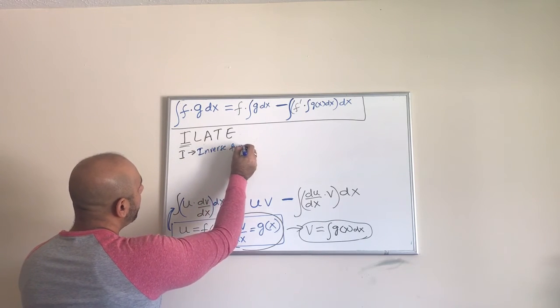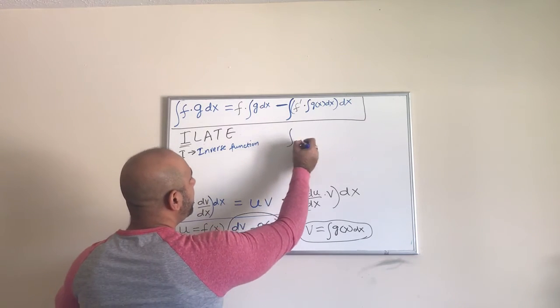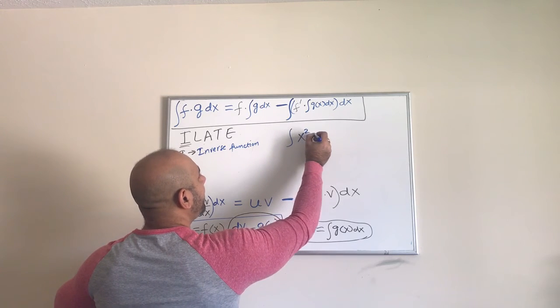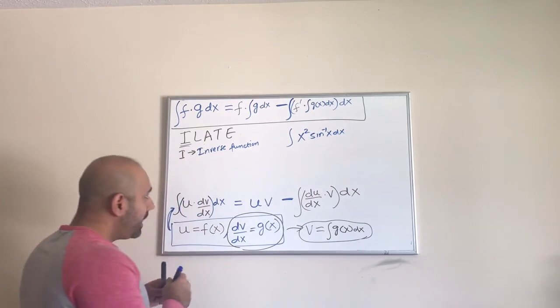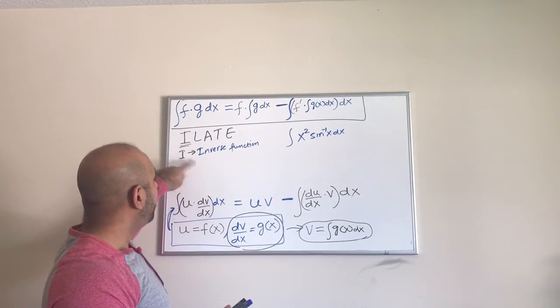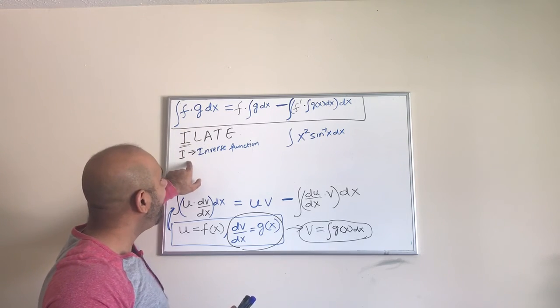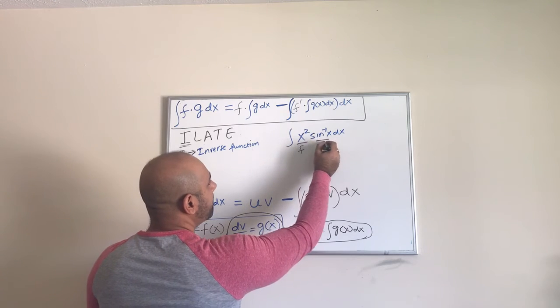For example, if I have to do the integral of x squared times sine inverse x, then based on this trick, I should not use x squared as my function f and sine inverse x as my g.